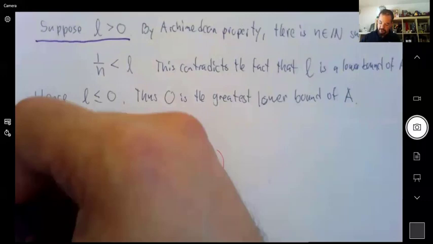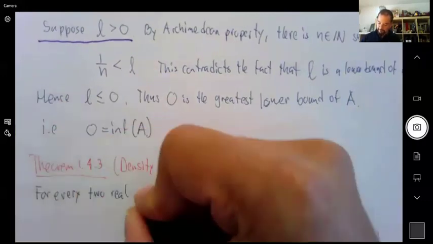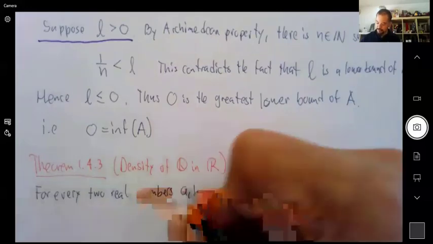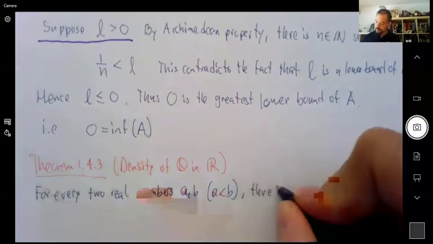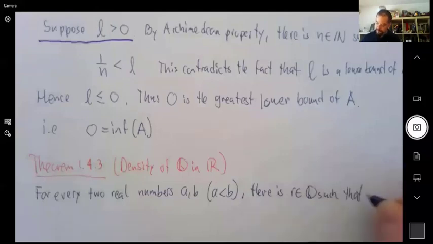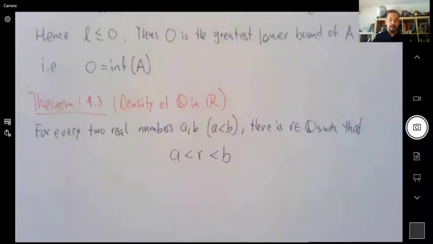It says for every two real numbers a, b, say with a less than b, there is some rational number such that it's in between them. Right? That's what we mean by dense.